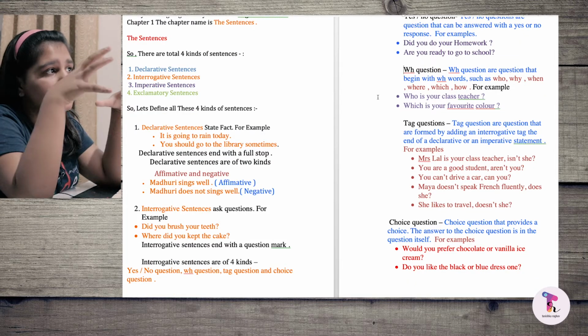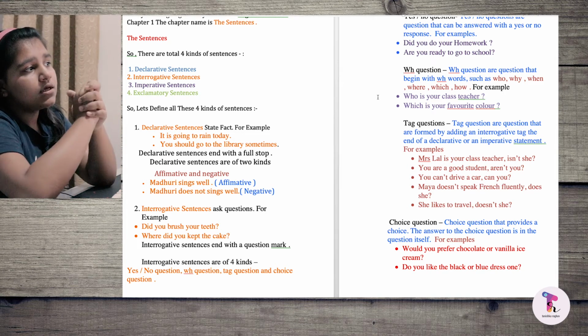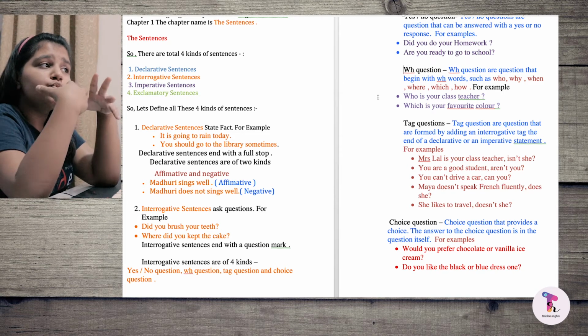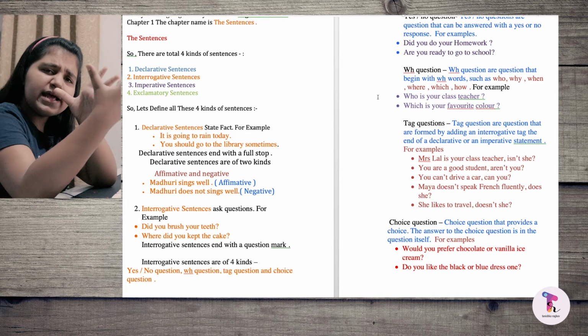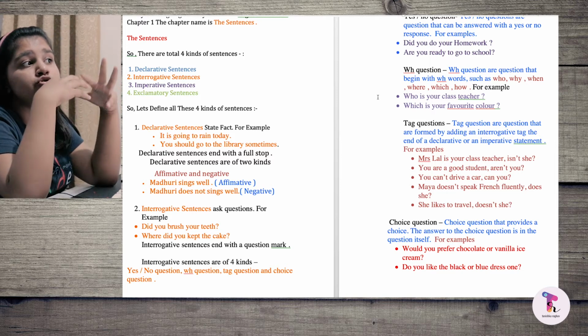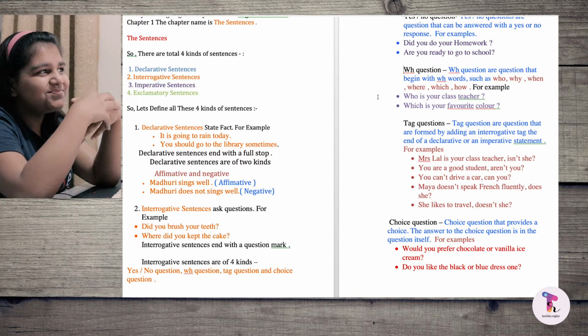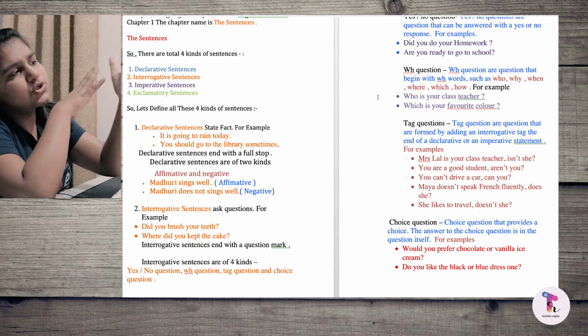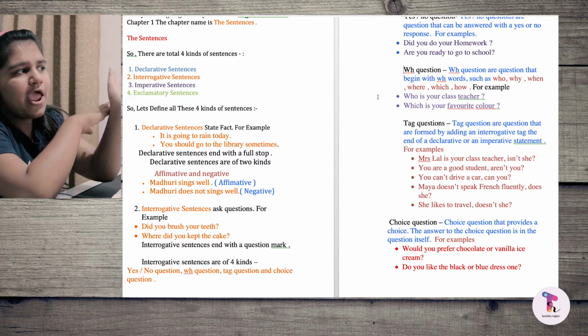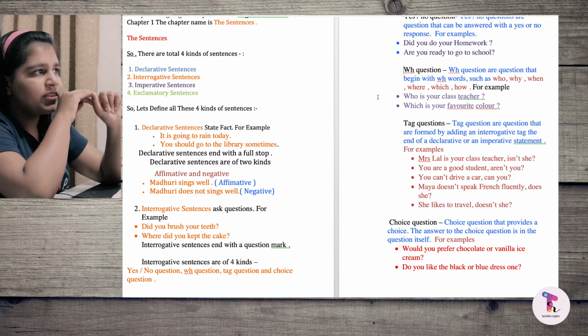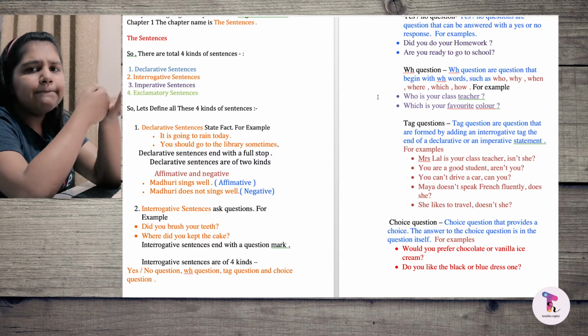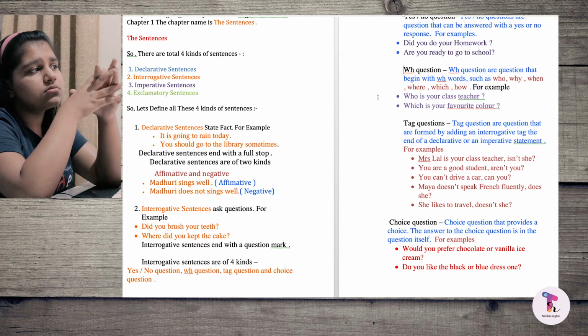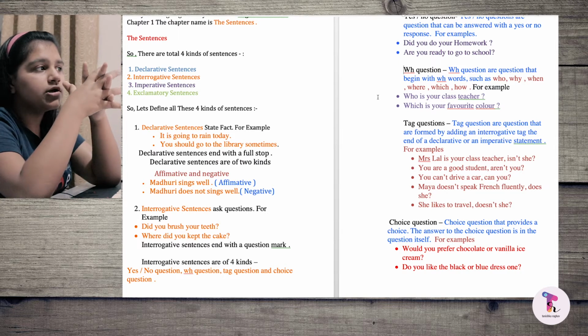I'm repeating, WH questions begin with a WH word. So let's take an example to make it more clear. Okay. So first is who, why, when, where, which, how. Now we have to take examples to understand more clearly.